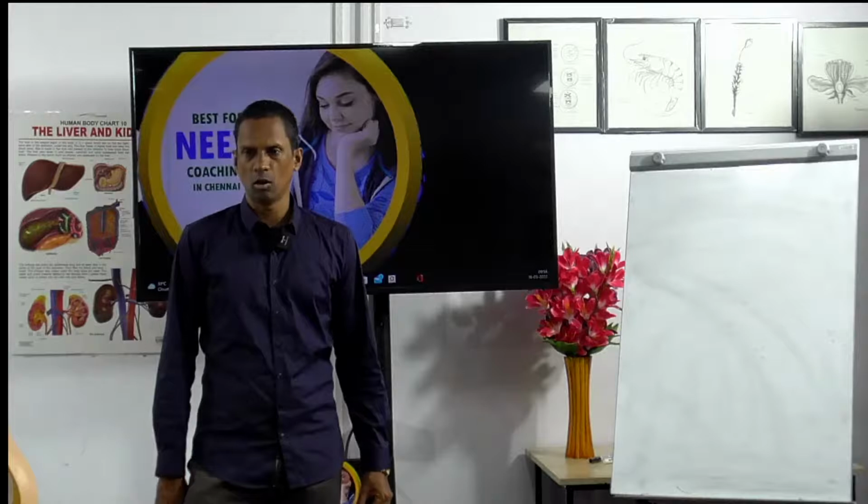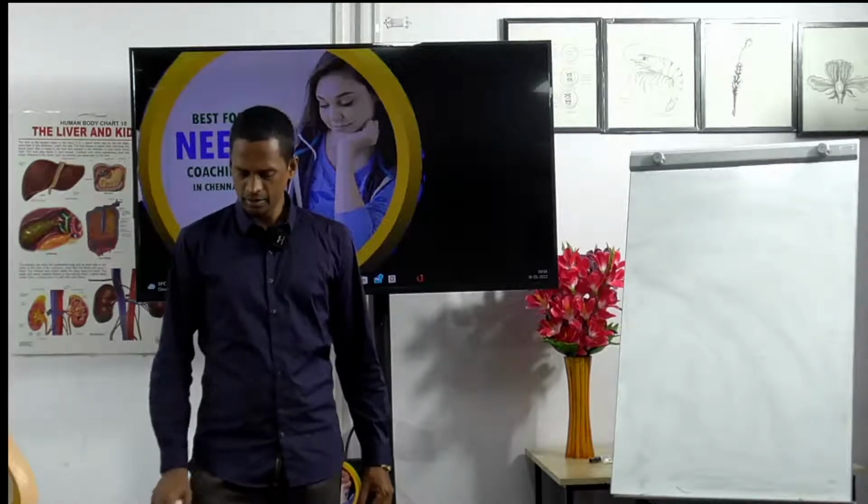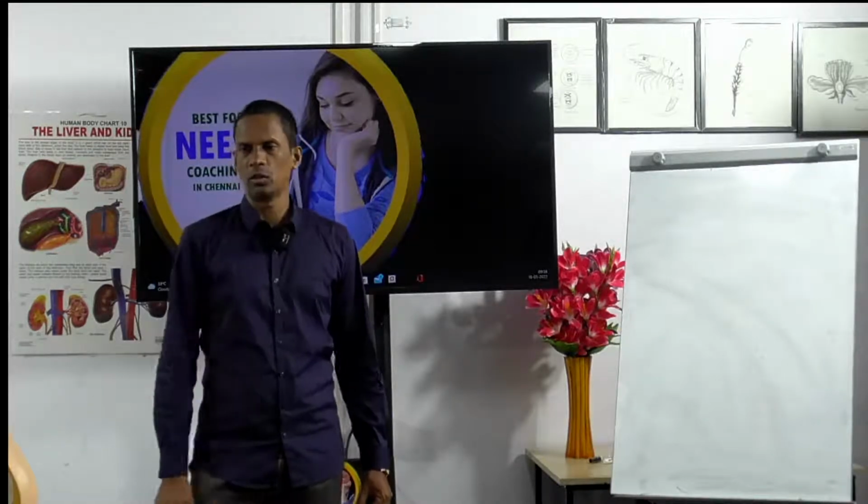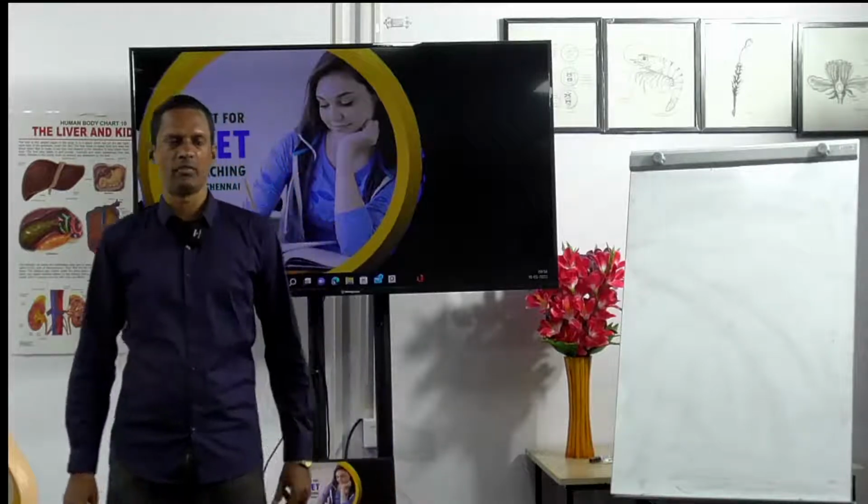Electric current is induced in the coil when subjected to a change in the magnetic field.